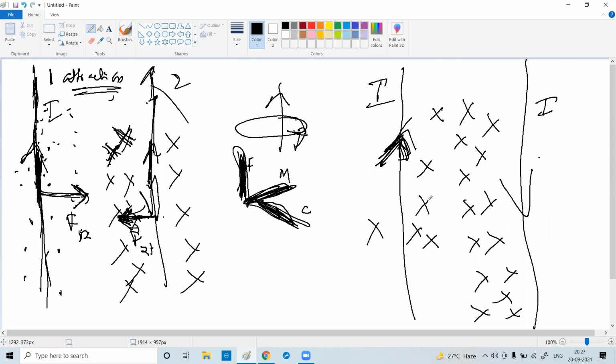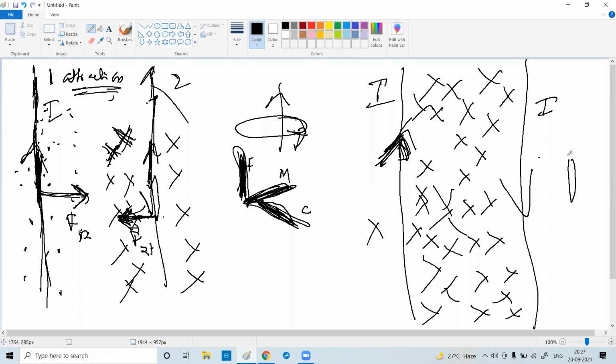That means the complete magnetic field here is cross. Why? Put your right hand screw rule. Put your thumb this side, and you will see your fingers will be hitting the plane. So you will get cross.